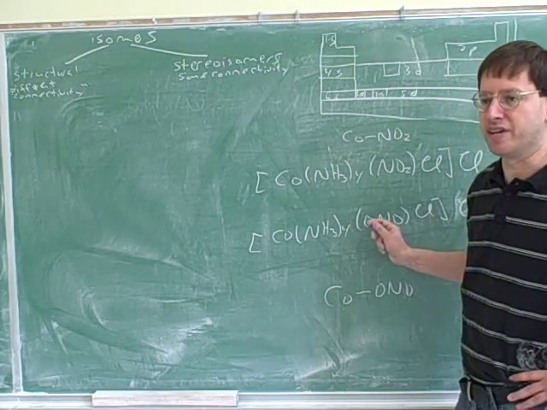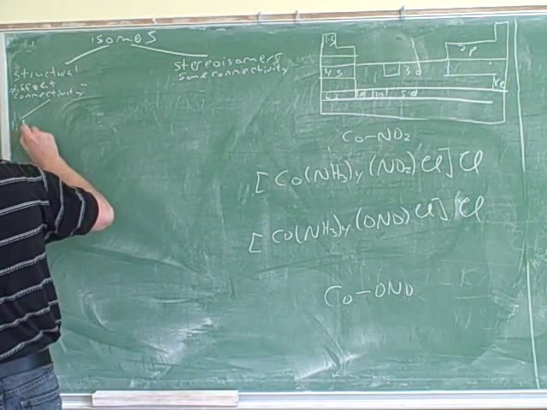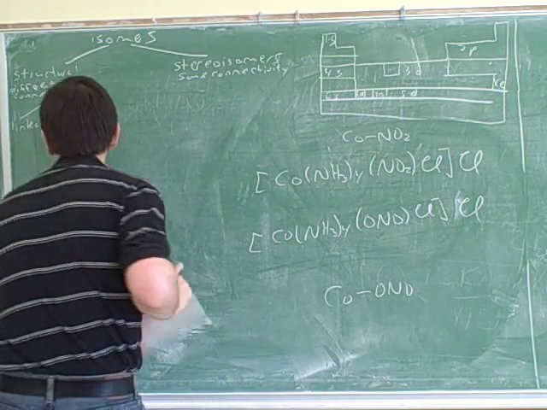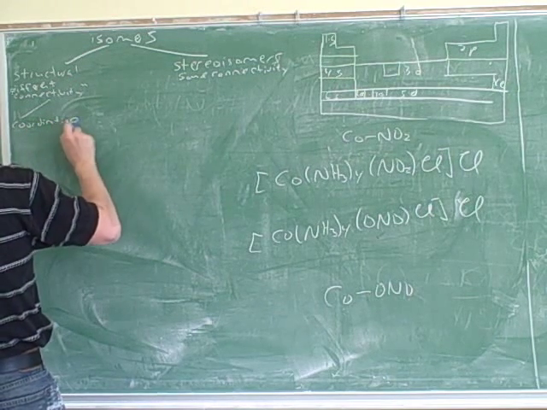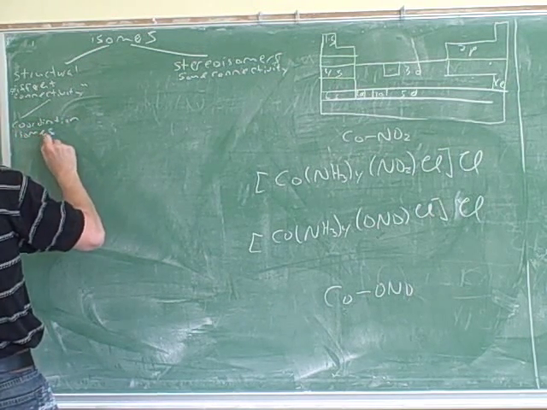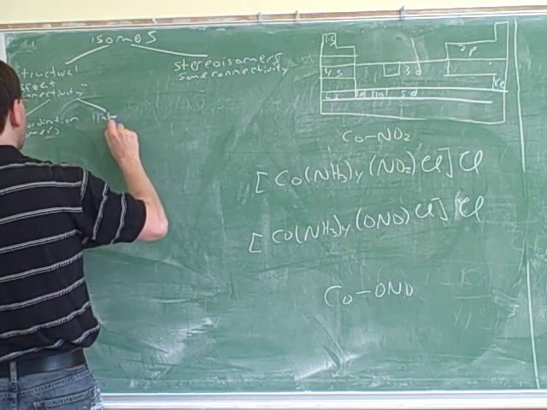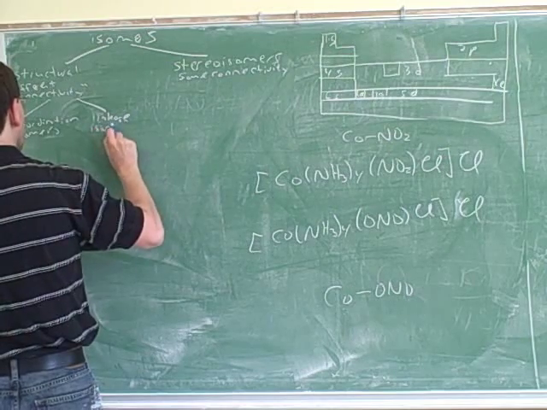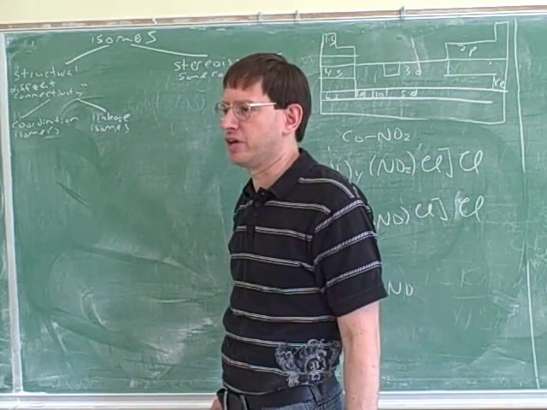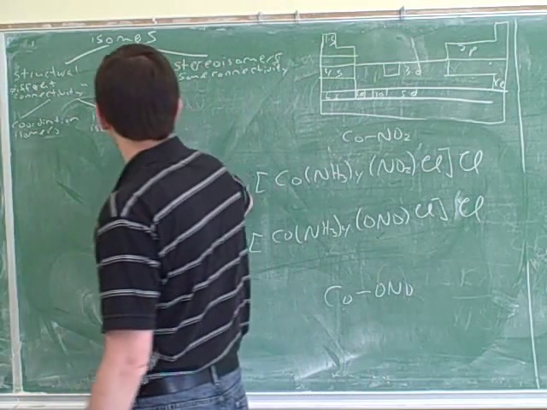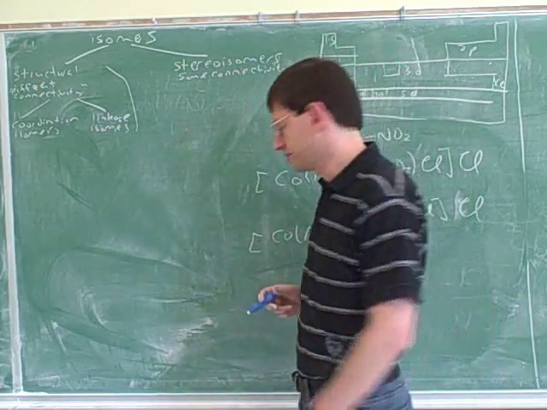So they have different connectivity. So both coordination and linkage isomers, those are both types of structural isomer because they both differ based on who's connected to whom. Those are the simple ones. Now we have to deal with the hard ones, which are the stereoisomers.